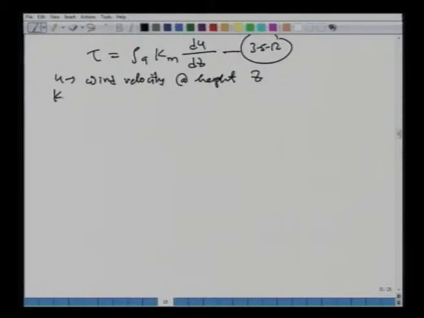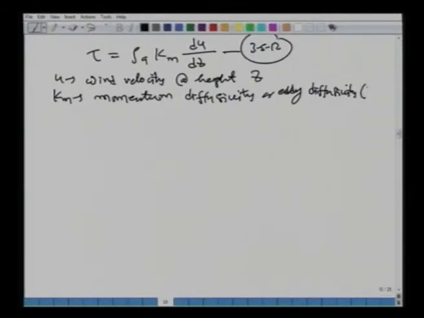Km is a constant in this equation, which is called the momentum diffusivity. It is the property of the medium, or eddy diffusivity. And as earlier, its units are L squared over T.